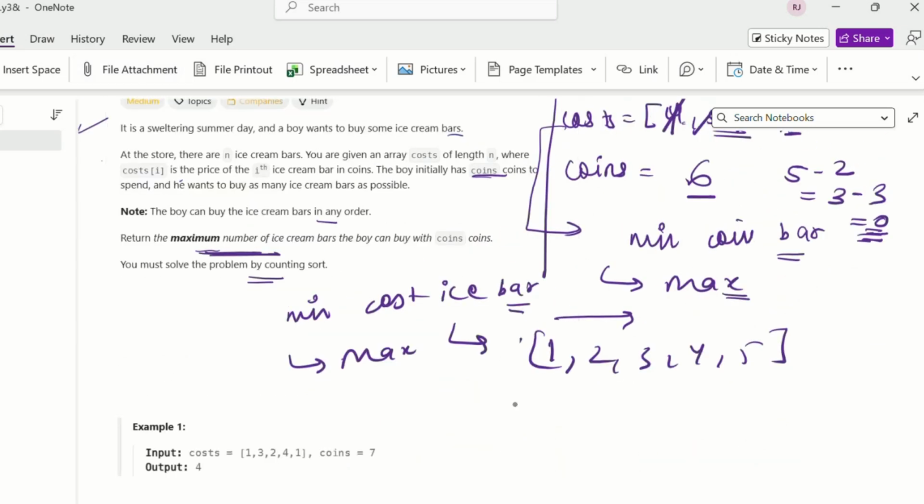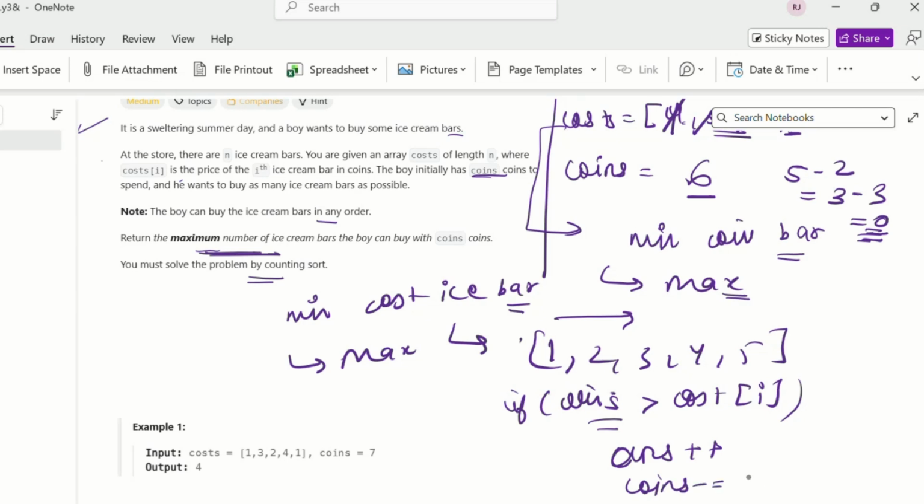If my number of coins is greater than or equal to the cost of the ith bar, then I am able to buy it. And if I buy, then I will do answer plus plus, and I reduce my coins by the cost of the ith ice cream bar. And the same thing I will do for all the elements, moving from left to right.